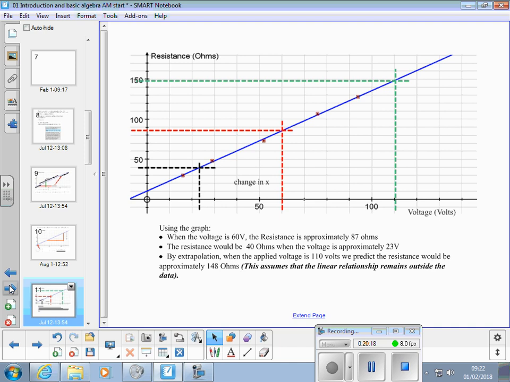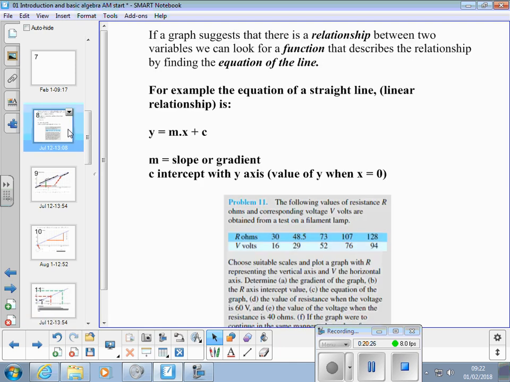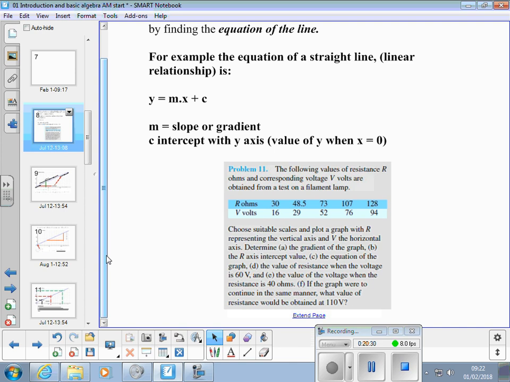So using the graph, as the question asked you to: find the equation of the graph, the value of resistance when the voltage is 60, and the value of the voltage when the resistance is 40. And what would the resistance be at 110 volts?